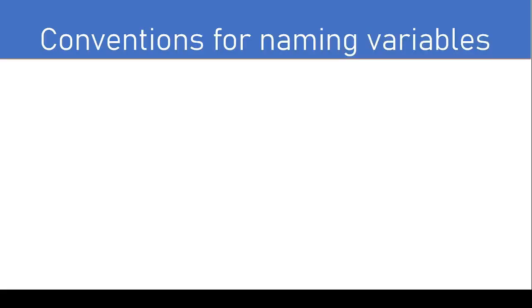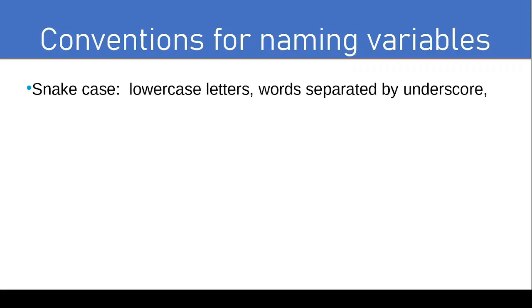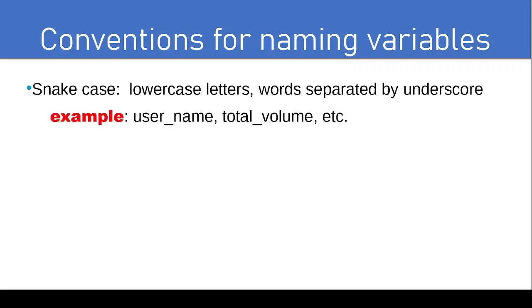We will see now some conventions for naming variables in Python. Snake case. It is written in lowercase letters only, and the words are separated by underscore. For example, user_name, total_volume. There are other conventions like camel case or Pascal case.